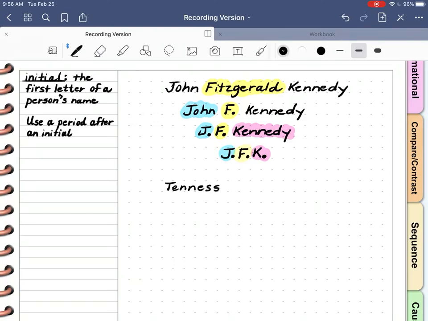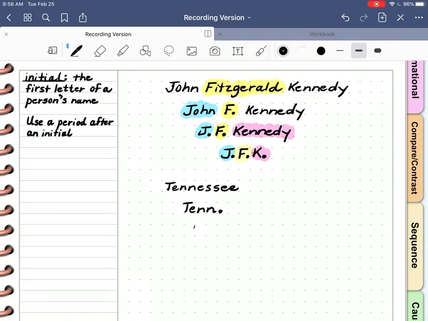I have to say it out loud. That's the dyslexia. Tennessee is the state that I live in. So when I was in school, this is going to tell you how old I am, we used this abbreviation for Tennessee. Okay, we would shorten that down. And I know that's not an initial, that's abbreviation, but it's on the same concept.